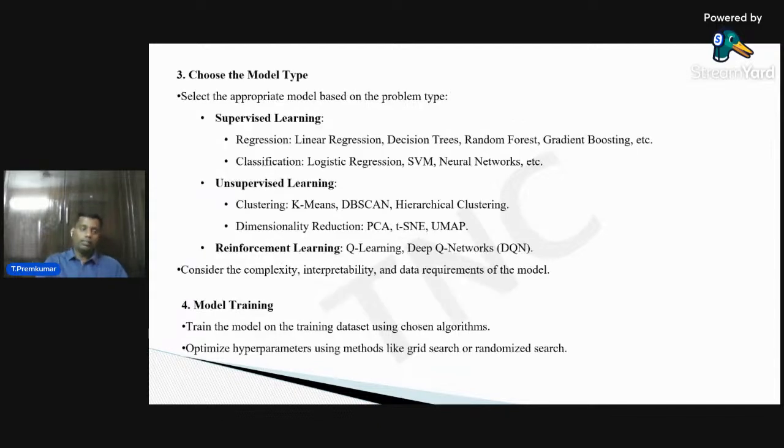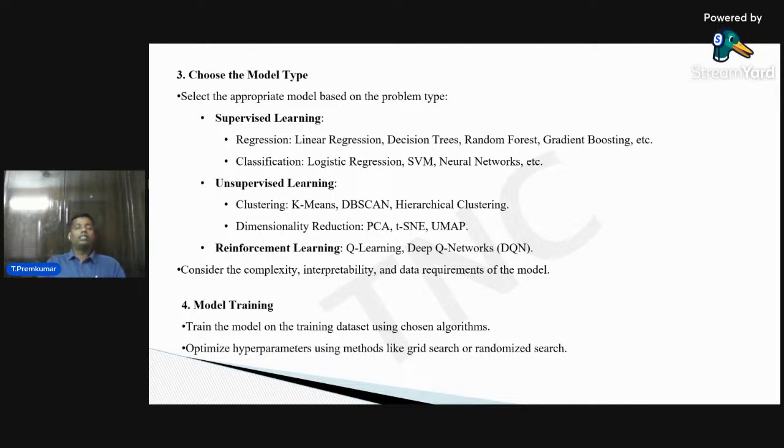Choose the model type, that is, select the appropriate model based on the problem type: supervised learning, unsupervised learning, and reinforcement learning. In supervised learning, for regression we use linear regression, decision tree, random forest, and gradient boosting methods.